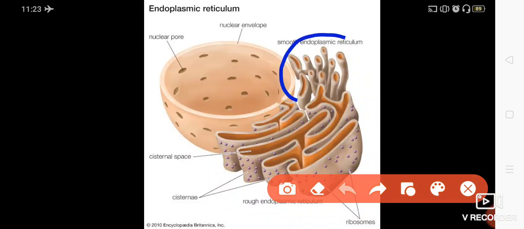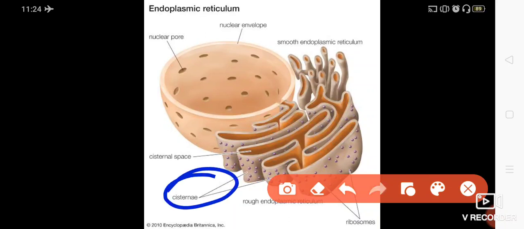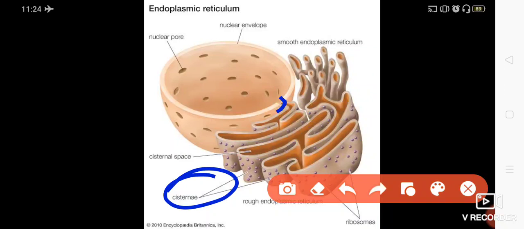Now let us see what are the different structures which form the endoplasmic reticulum. Basically, there are two types of endoplasmic reticulum, smooth and rough. See, these long structures are known as cisterna or cisternae, and inside them some space is vacant so that material can pass through them. These canal-like spaces are known as cisterna space.